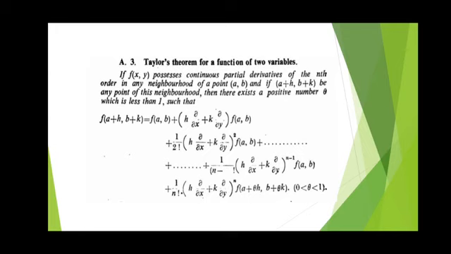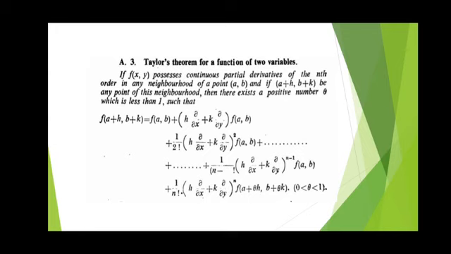If we take a function f of x comma y at a point a comma b, that means it is in terms of powers of x minus a and y minus b. Here we take a function f of x comma y.